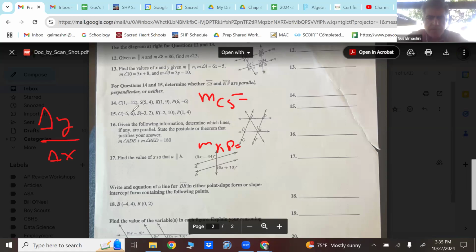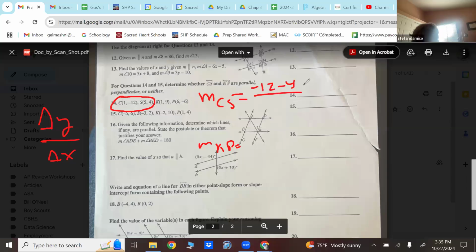So let's look at CS. Tell me the y values for C and S. C is 1 and negative 12. No, the y values for C, and the y values for S. 12, negative 12 and 4. Good. So if you subtract, you should get negative 16. And what are the x values?